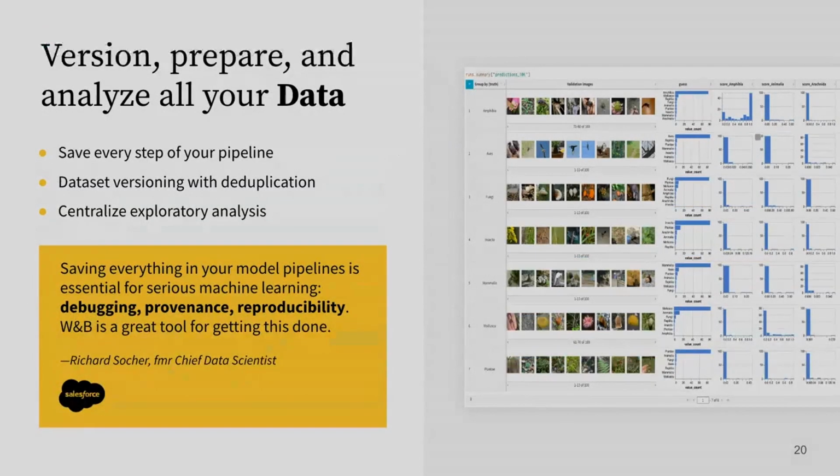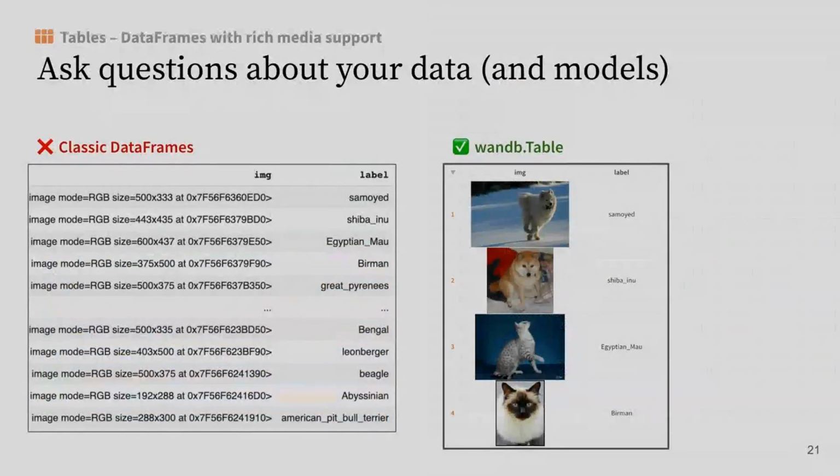We also have a tool called Weights and Biases Tables, which I would describe as a pandas data frame on steroids. The difference is that in a data frame, you're going to end up with some sort of pointer to your images, whereas with Weights and Biases Tables, you're able to embed rich media directly within your table so that you can debug edge cases of your testing set.